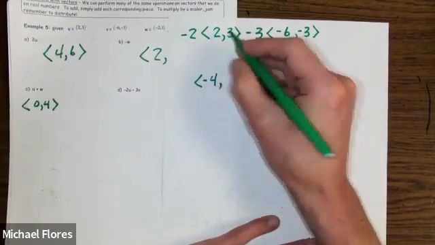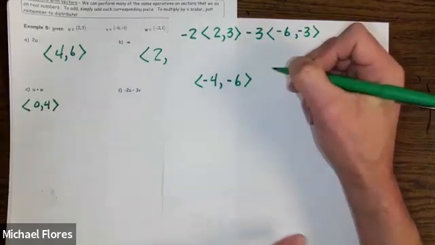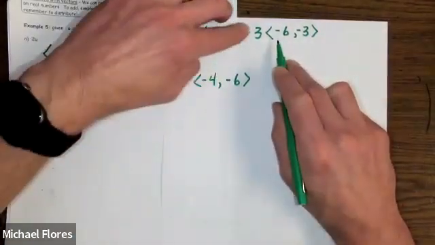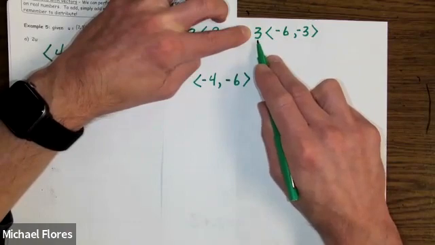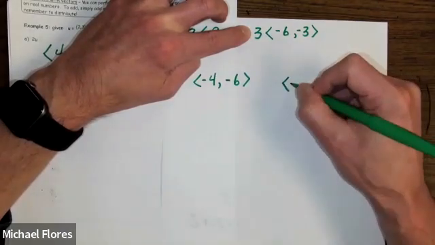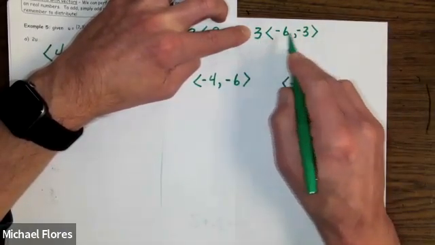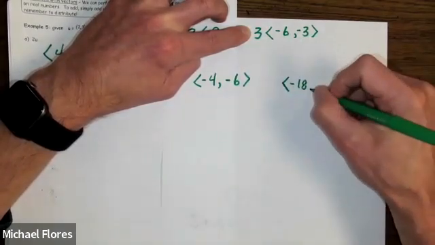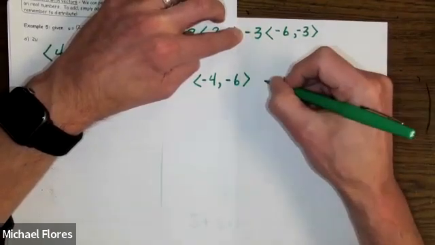Negative 2 times 3. I'm going to start by just distributing the 3 first. So 3 times negative 6. 3 times negative 3. And now I'm going to bring down that minus sign.